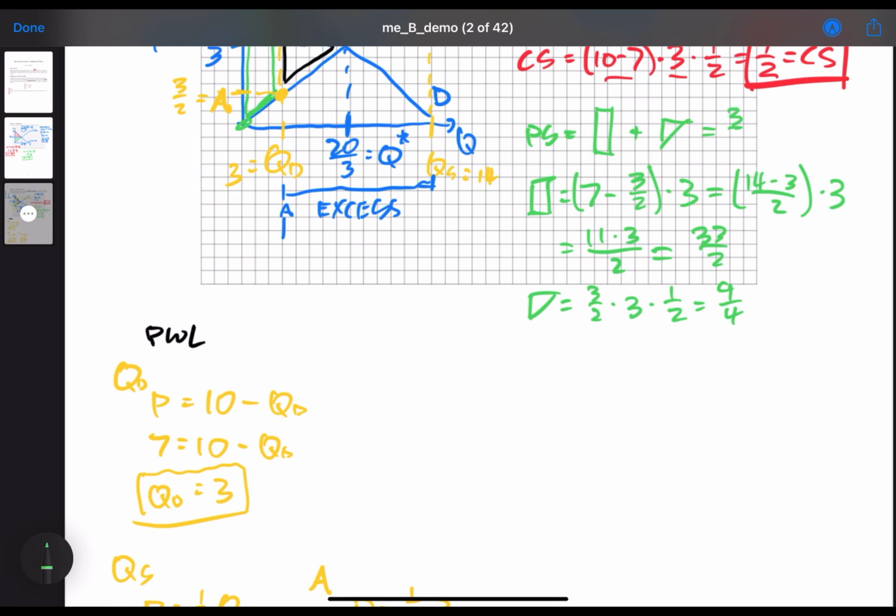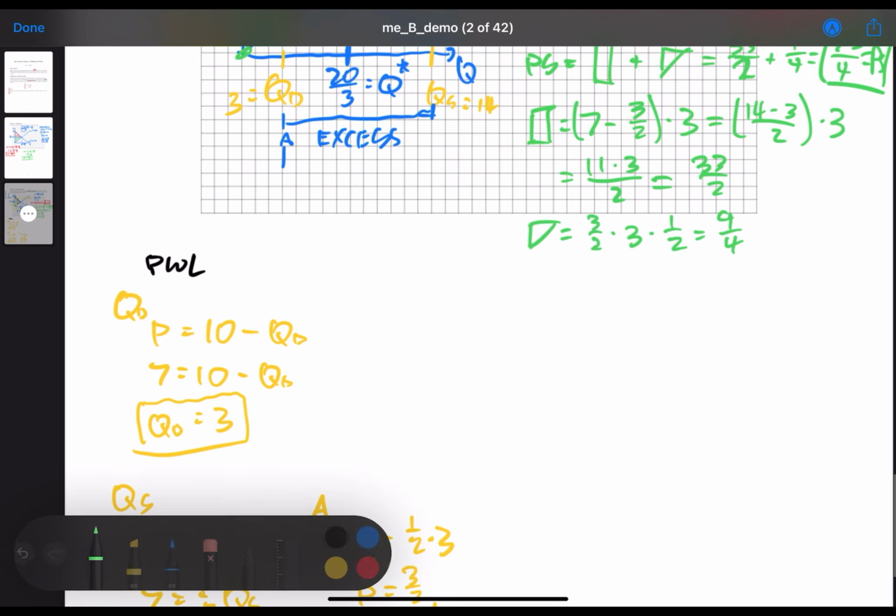So we have 33 over 2 plus 9 over 4. And that comes out to be 66 plus 9 over 4, which is 75 over 4. And that's our producer surplus.